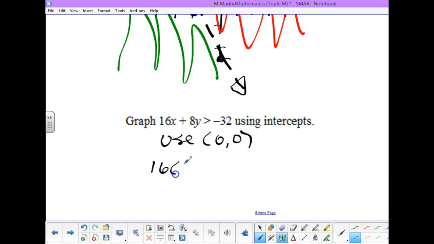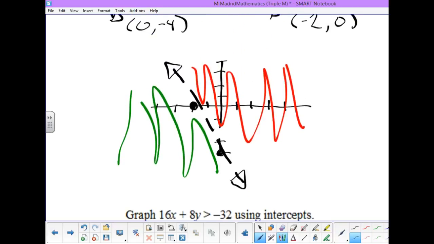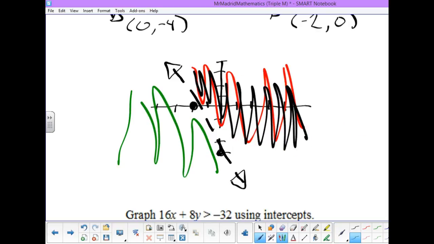So we got 16 times 0 plus 8 times 0 is greater than negative 32. 0 is greater than negative 32, and the answer to that is yes, it is. It's true. So that means 0, 0 falls in this red region and is therefore the region that I will be selecting as the solution to this inequality.